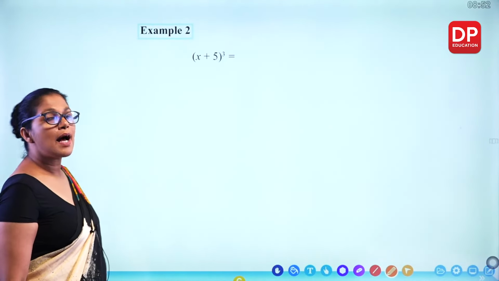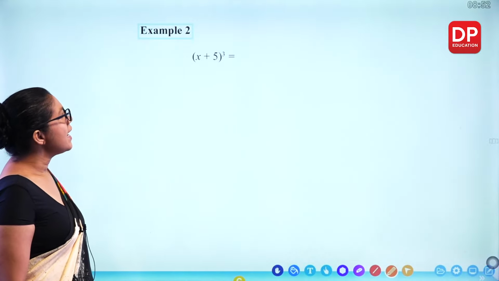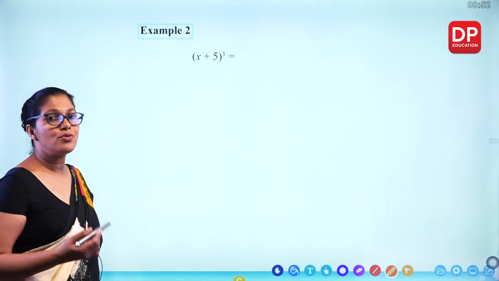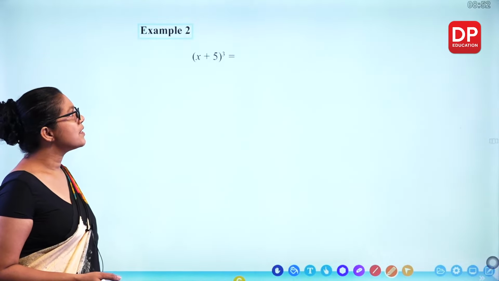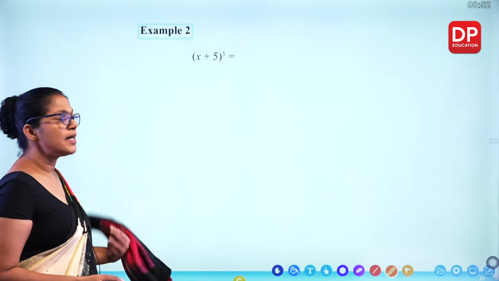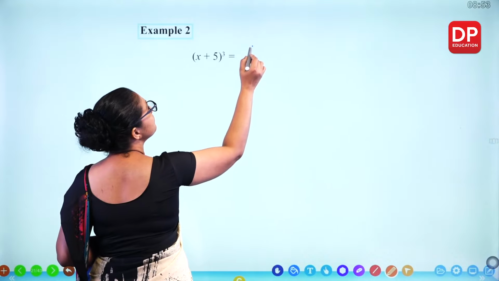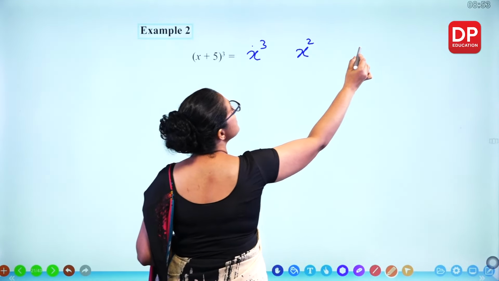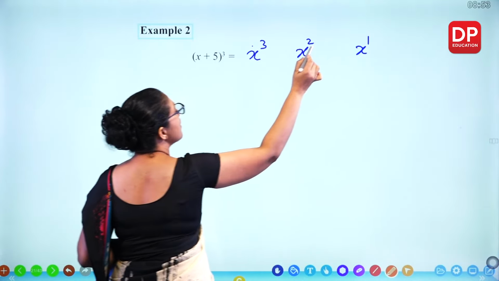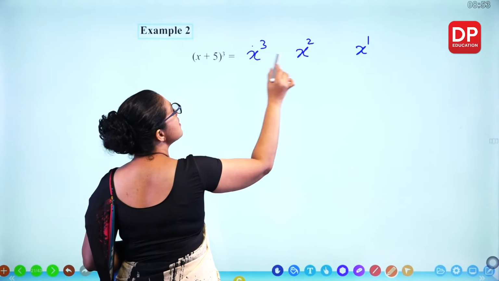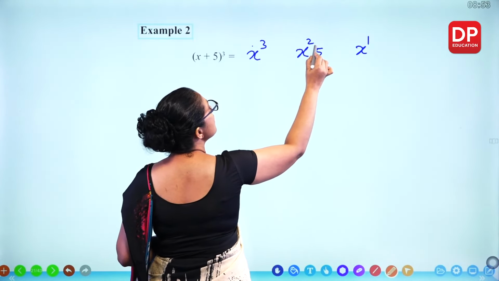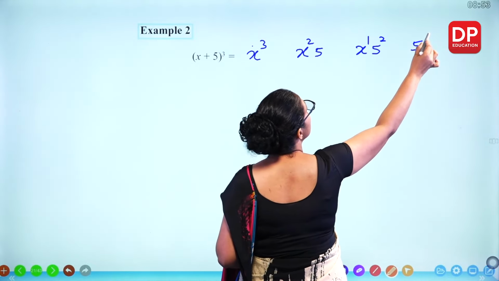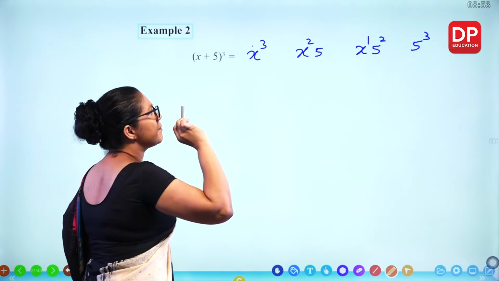Now we'll look at example number 2 in your textbook: x plus 5 to the power 3. So you can now use the pattern we observed. What's the pattern we observed? First term cubed, the power reduces, x squared, x to the power 1. The second term is 5, starting with 5, 5 squared, 5 to the power 3. Then what's the pattern?